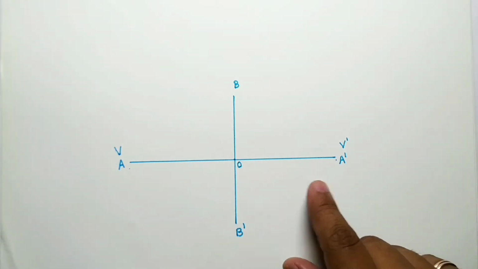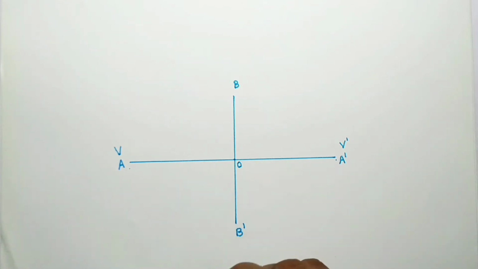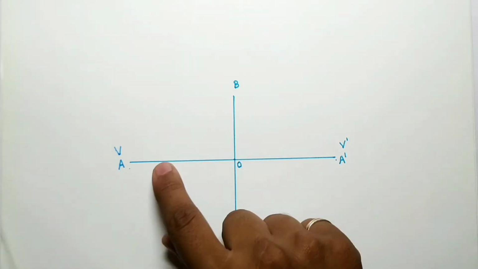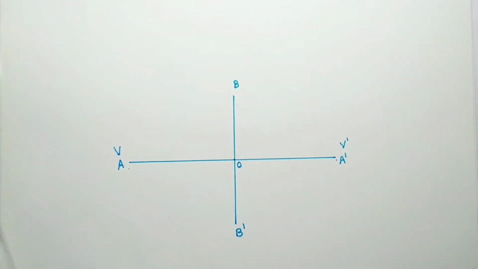Once you draw the major axis and minor axis, we require two focus points. As per the property of the ellipse, PF is equal to half of the major axis.